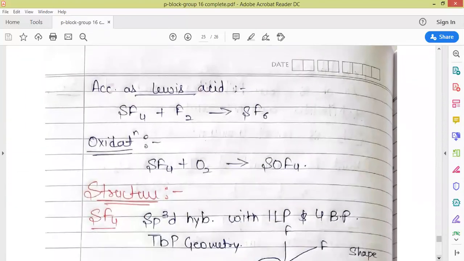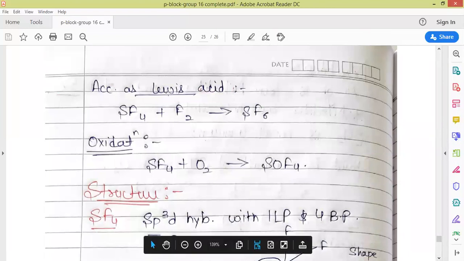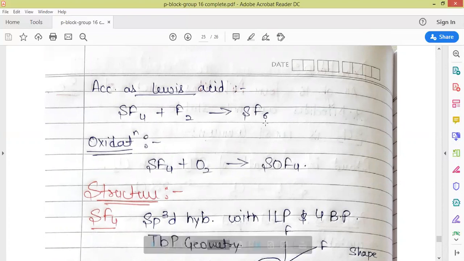It acts as a Lewis acid, and it combines with halogens to give SF6, as it is very eager to get converted to sulfur(VI). It is very prone to undergo oxidation, so it combines with fluorine gas to give SF6. Oxidation with oxygen will convert it to SOF4, where sulfur is in the +6 oxidation state.